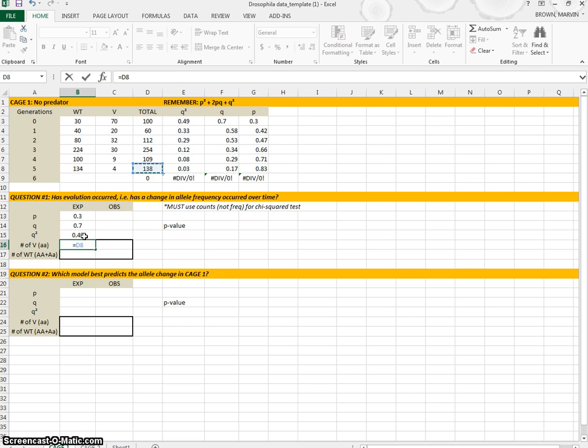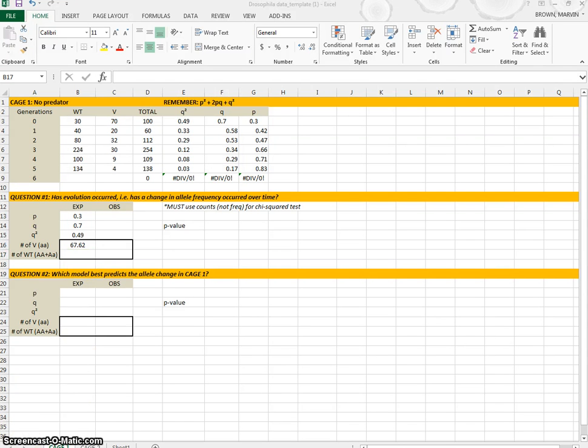Okay, so we do that, then times that, and that comes to 67.6. So we can't have 0.6, so we should have 68 of them that are vestigial flies.